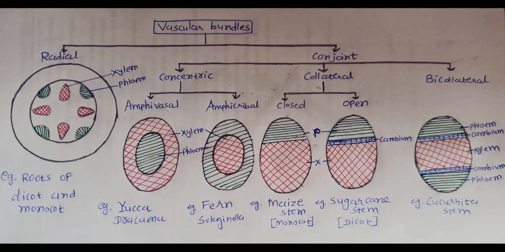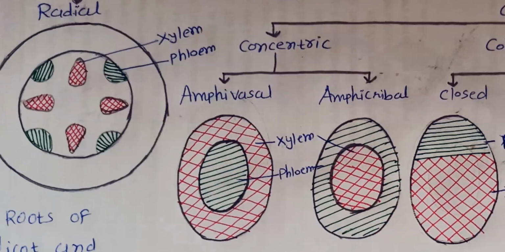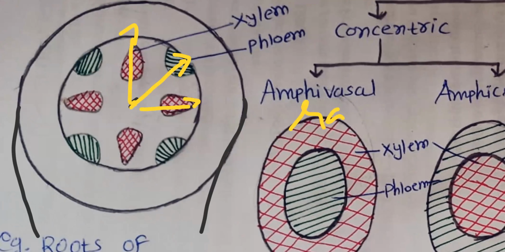अच्छा, रेडियल को डिटेल में कोई स्टडी करता है तो इट विल बी लाइक दिस, कि जैसे ये ऑर्गन का सेक्शनल व्यू है और ये ऑर्गन का सेंटर है. So you can make out that on the different radii, radius का plural होता है radii.